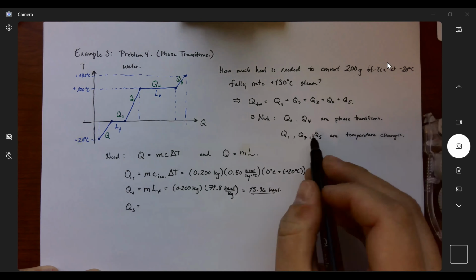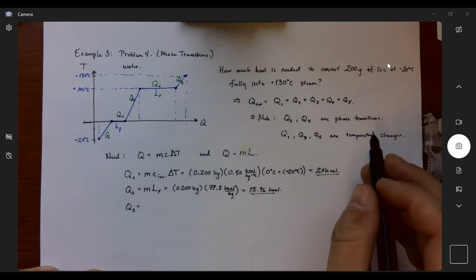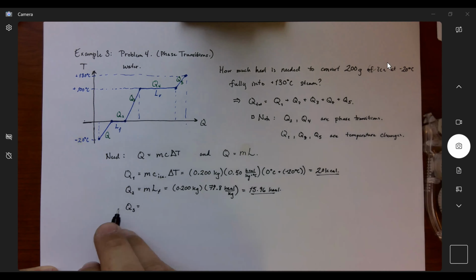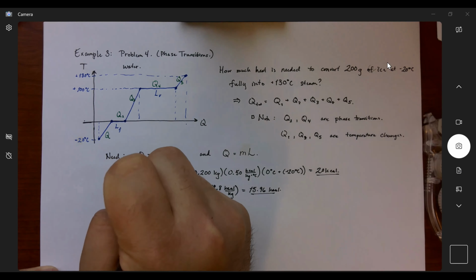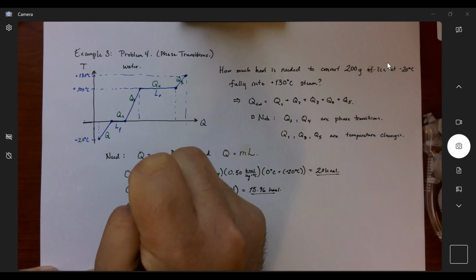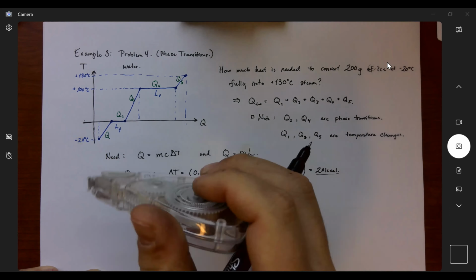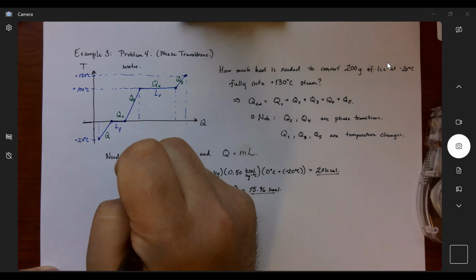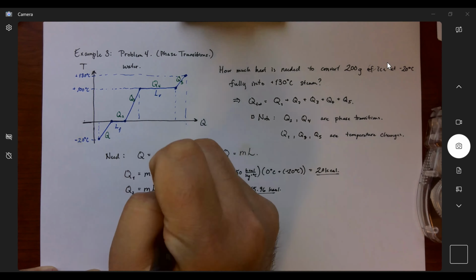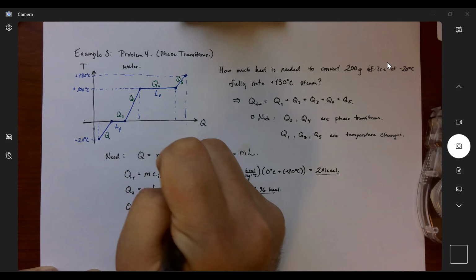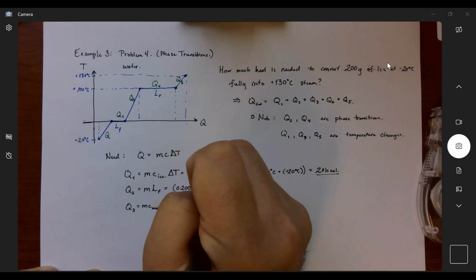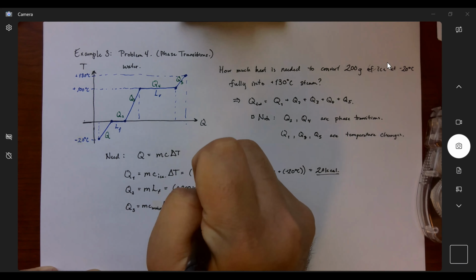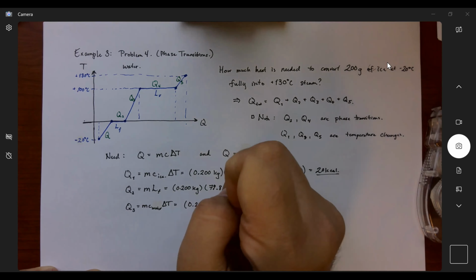Doing the same now that we're at Q3. This again is going to be a temperature change, and so we're going to go back to MC delta T. In this case, the specific heat that we're going to need is for water. The amount of mass is still the same. We're heating it all up.